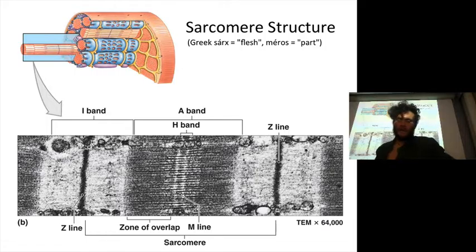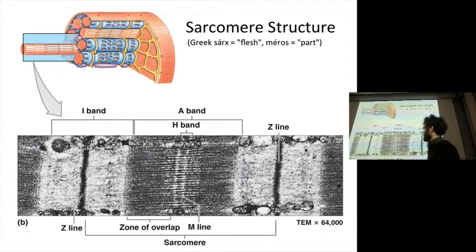When you look at a muscle fiber under the microscope, here's an electron micrograph, and we see this striation pattern in more clear detail. There are these dark bands and these lighter bands.